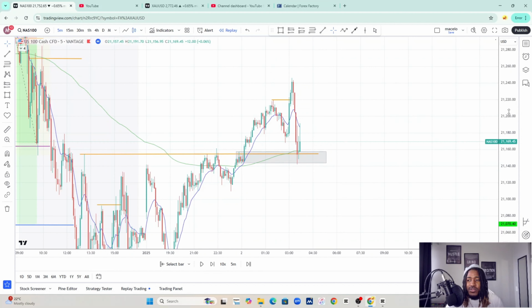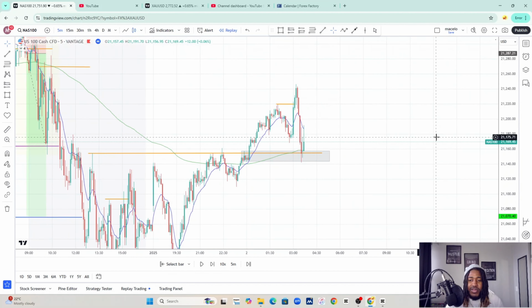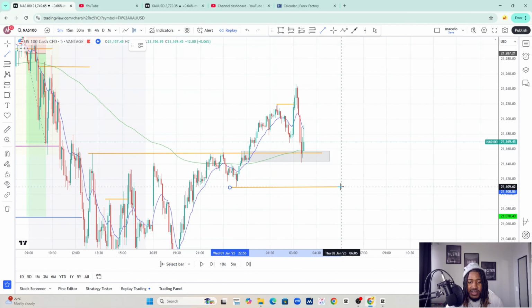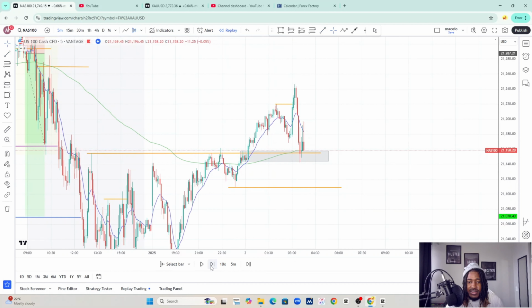So all I want to do right now is wait for price to give me some kind of signal, a bullish candle to close above the 13 EMA to enter. If price doesn't, I'll be looking for sells once more. If price breaks this area, then I'll be looking for sells. So let's go and see what price does.